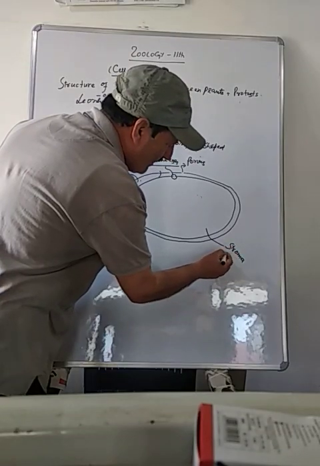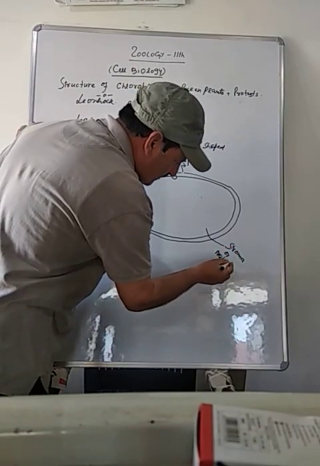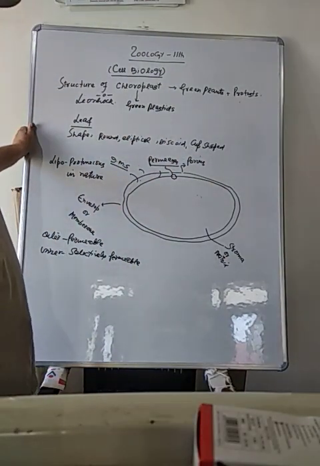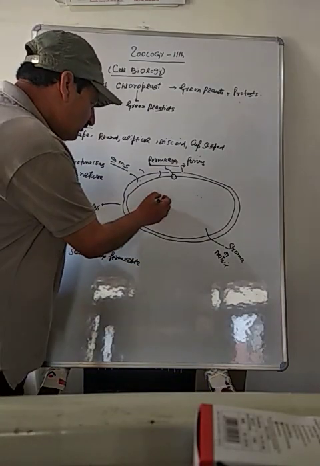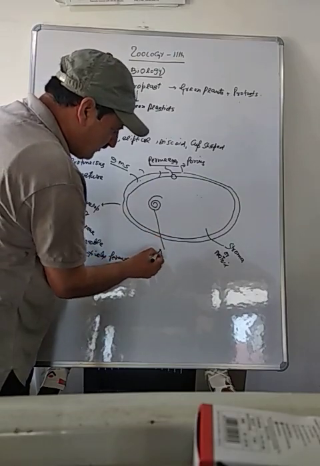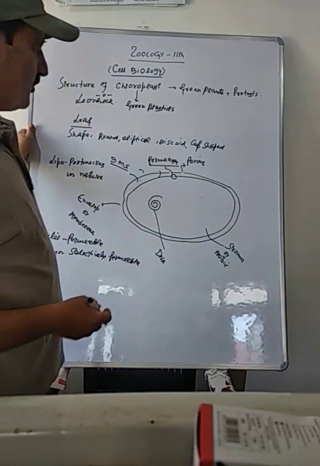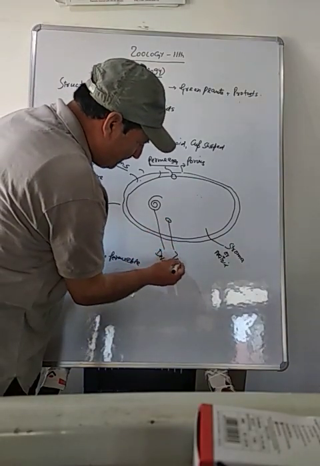We can also call it matrix. It is usually called stroma. This stroma contains, for example, circular DNA, the same DNA as in prokaryotic cells. You can also see ribosomes, 70S type.